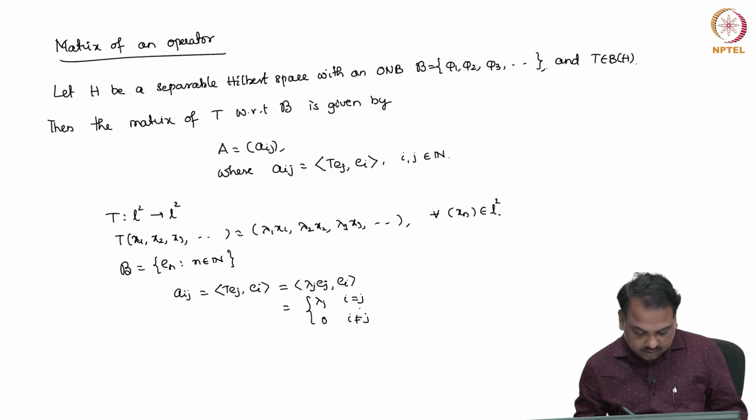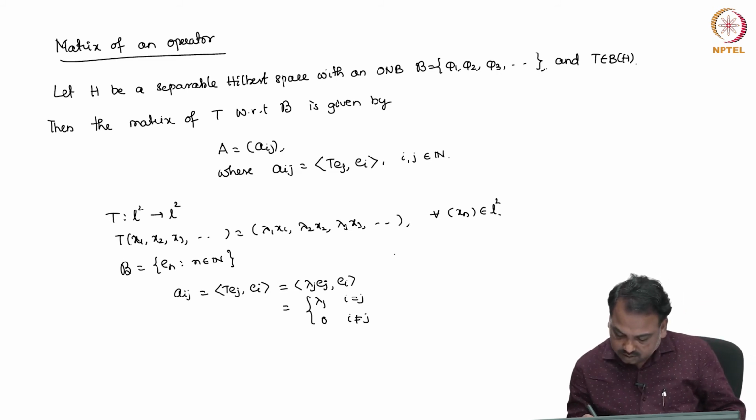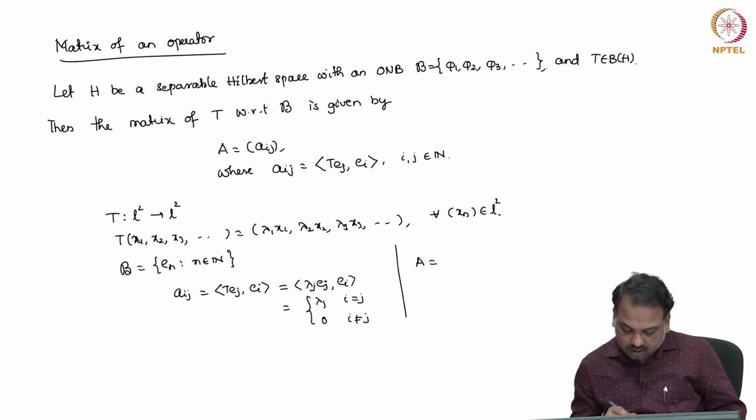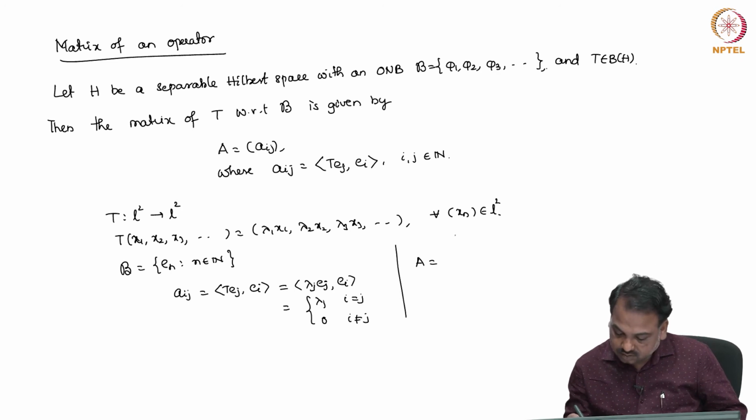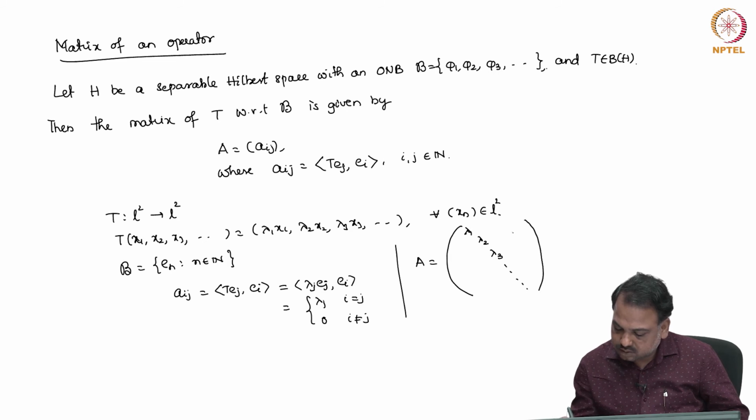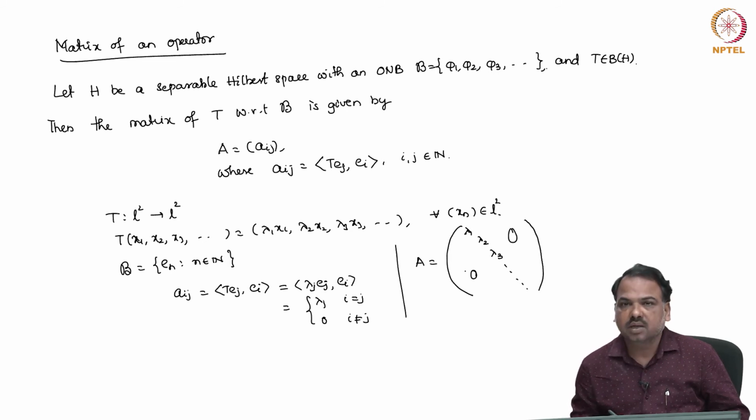That means the matrix of T, which is A, has only the diagonal entries lambda j and the remaining entries are 0. So this is a diagonal matrix with diagonal entries lambda 1, lambda 2, lambda 3, and so on.